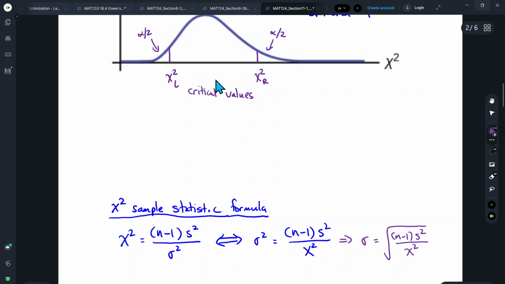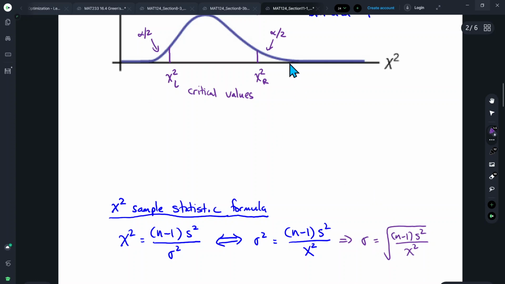We have to be a little bit careful here, because chi-square left is going to be a smaller value, and chi-square right is going to be a bigger value. If you divide by a smaller number, the result is bigger than if you divide by a bigger number. So if I plug chi-square left into this formula, this actually gives me the right endpoint.